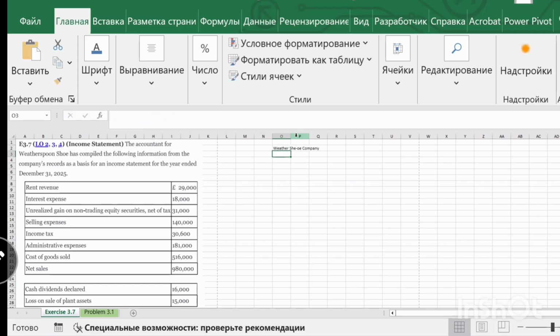After the company name, we should write the name of the financial statement, in our case the comprehensive income statement. And last but not least is the period: for the year ended December 31, 2025.